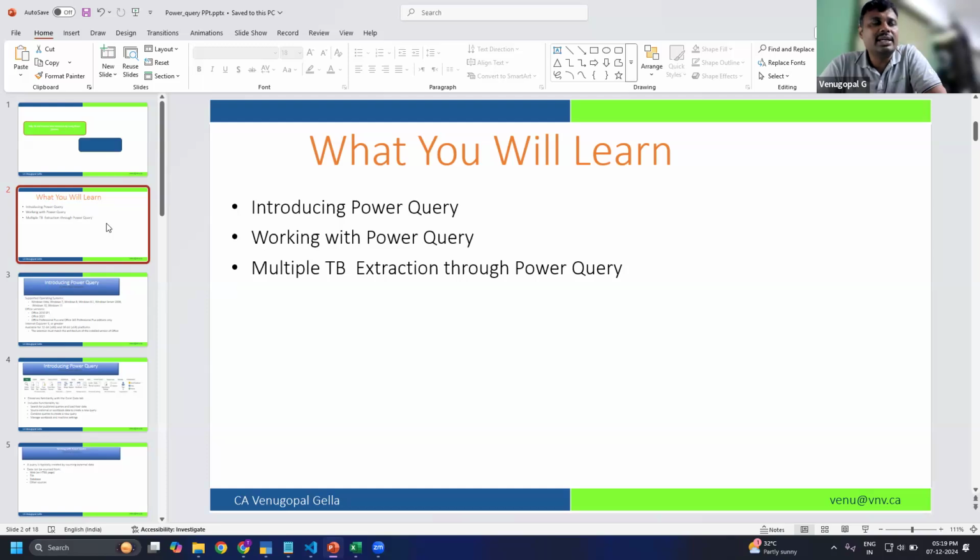What we will do now in the technical session: in the last week, we have seen how to connect the data from Tally and extract it into Excel on a click of a button through Power Query. When we changed the entries in Tally, we saw how the numbers automatically changed. Today we are going to see two things. One, for the purpose of GSTR-9 you might have multiple Tallies which you need to collate and consolidate.